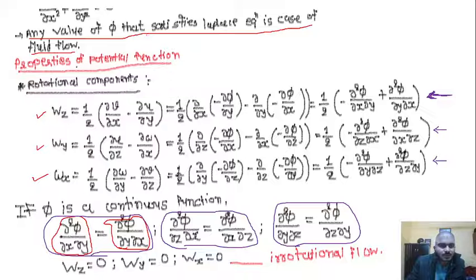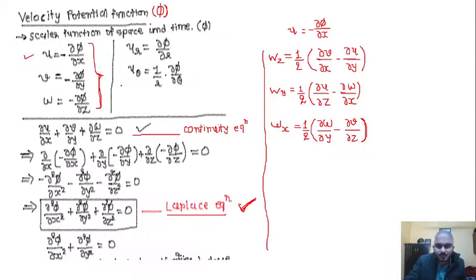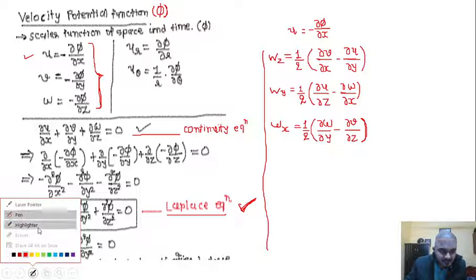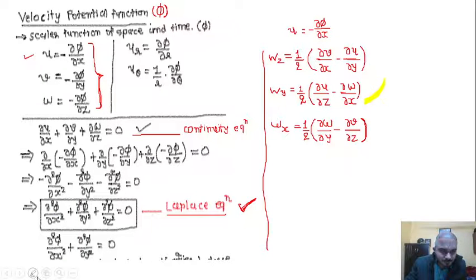So the next is properties of the potential function. Here we need to first define the rotational components, that is done over here. To explain how we are defining potential functions, let me erase this and explain it again.